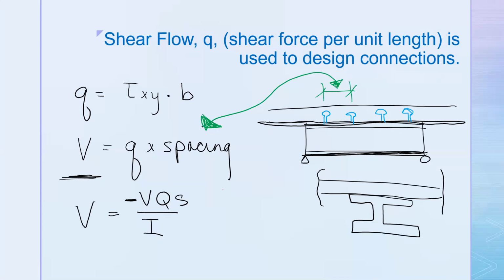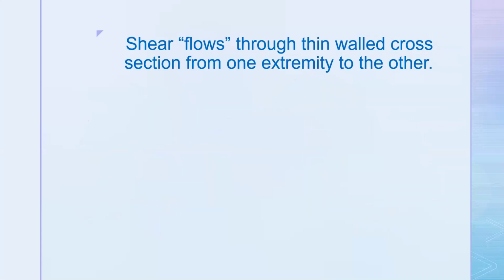But typically it's not going to matter the direction. Your shear stud or your bolt's going to have the same capacity whether you're shearing it one direction or 180 degrees. The shear is going to flow through a thin-walled cross-section from one extremity to the other.